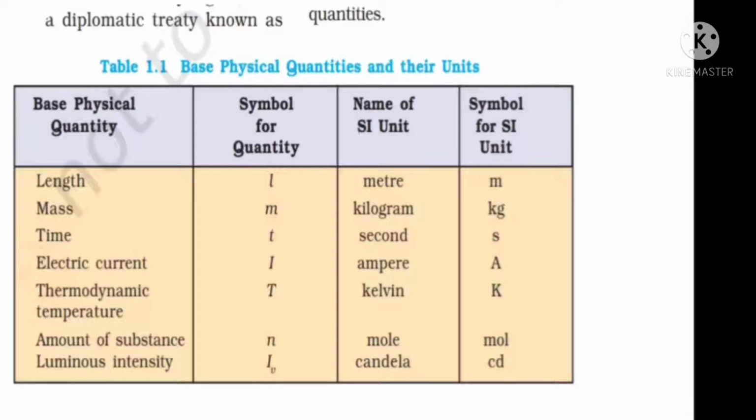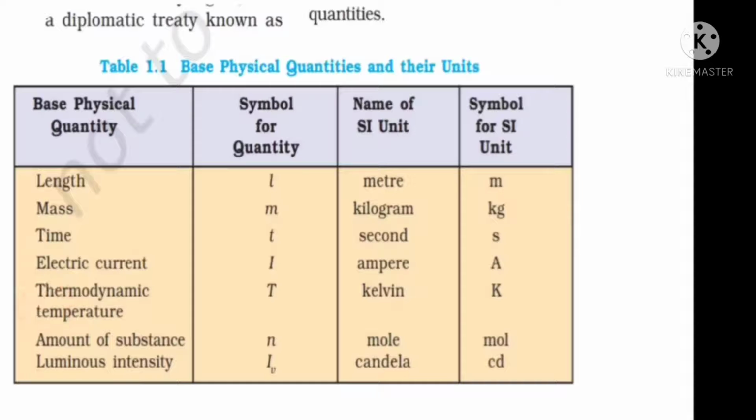Electric current. Electric current is represented by capital letter I, and the name of the SI unit of electric current is ampere. The symbol for the SI unit of electric current is A.